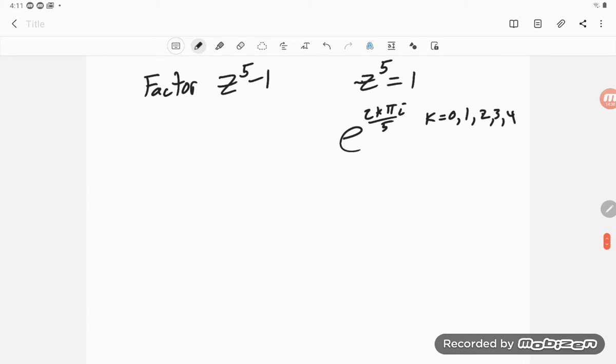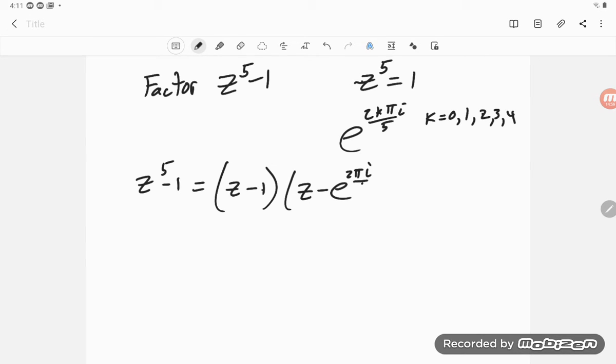Okay, so those are my roots, and so I could write z^5 minus 1 as (z minus 1), that's k equals 0, times (z minus e to the 2πi over 5).